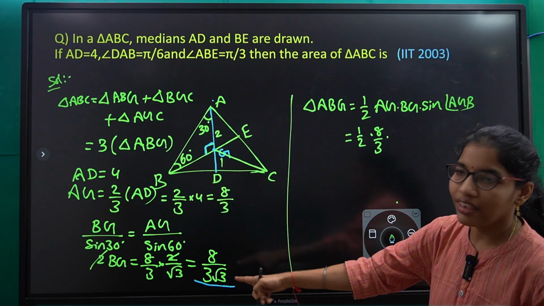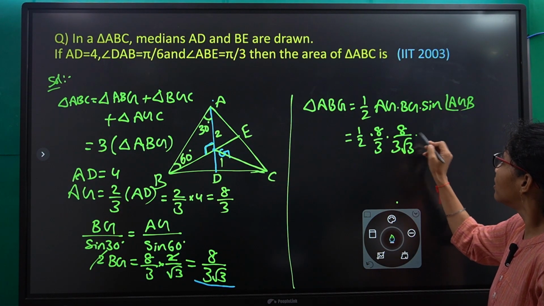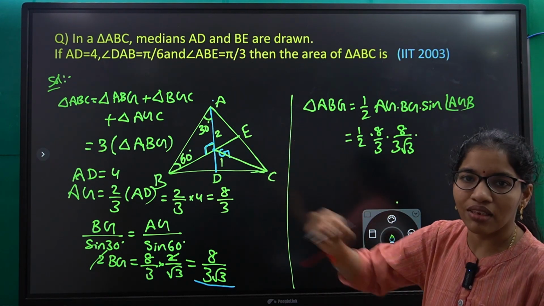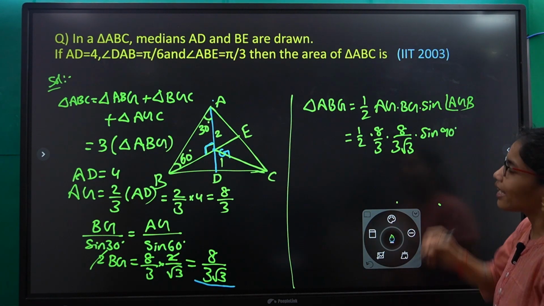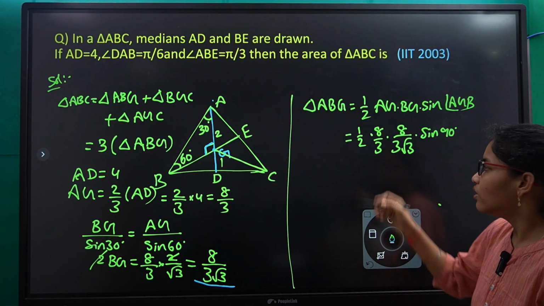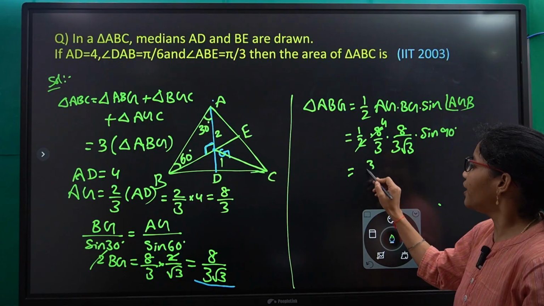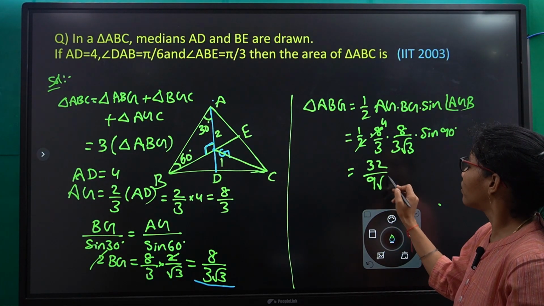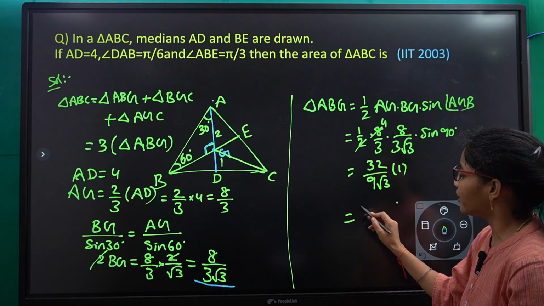What is BG? 8/3 √3. Sine AGB, which is nothing but sine 90. So sine 90 is nothing but 1. So 2 fours are 8, 4 fours are 32/9 √3 into 1. So after rationalizing it, what will you get here?